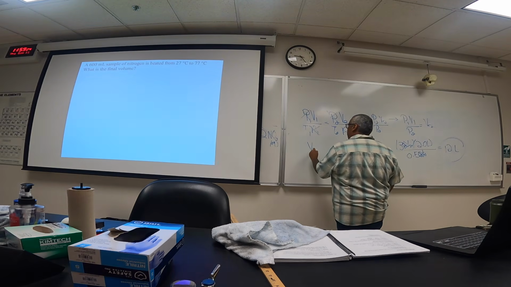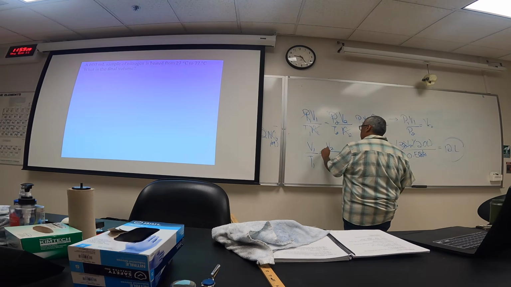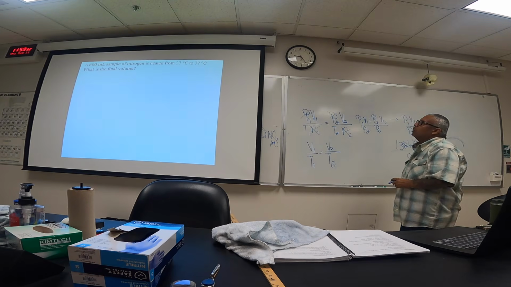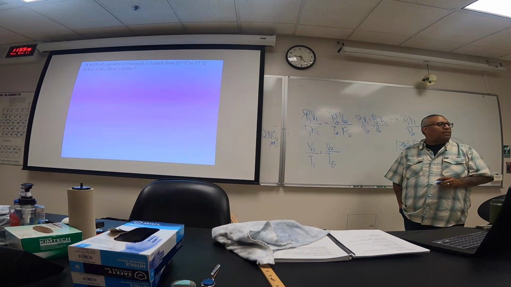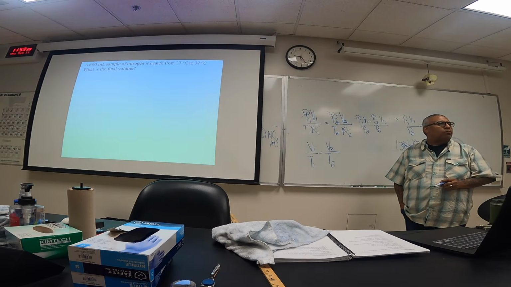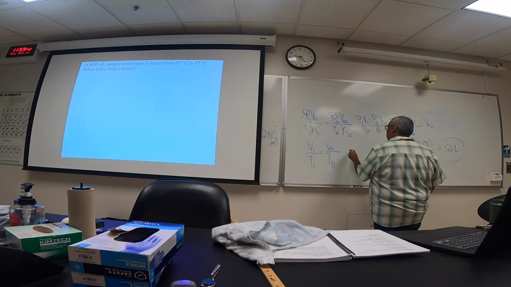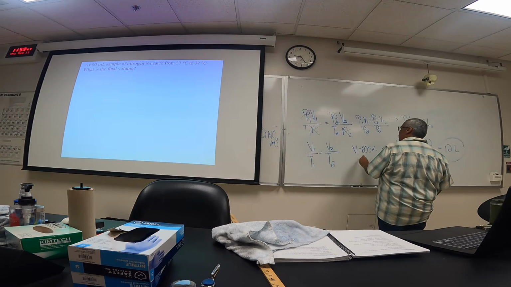So I have V1 over T1 is equal to V2 over T2. Well, if I have this sample that's 600 milliliters in volume, is that my initial or final volume? Initial. Initial is going to be 600 milliliters.